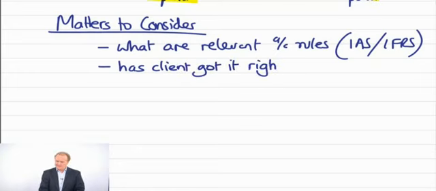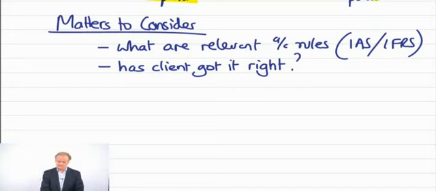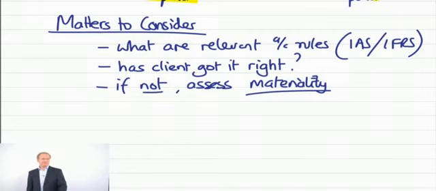But now we don't just mention the area that's at risk of being wrong. Typically with this type of question, we're in with a chance of being able to tell already if the client's getting it right or not. And if they're not getting it right, I would assess the materiality of their mistake.